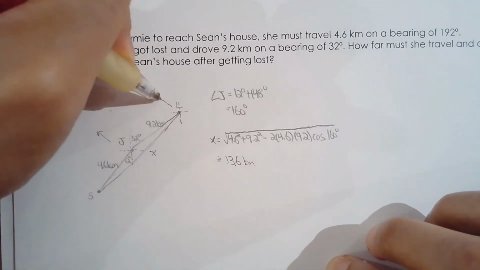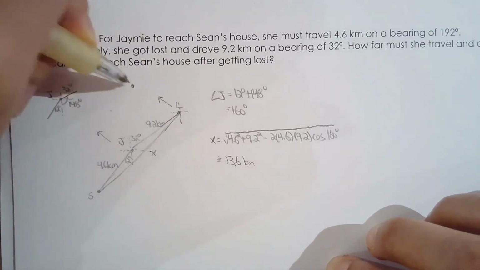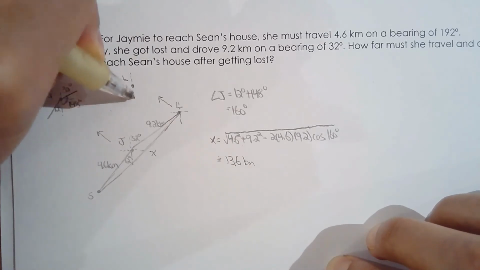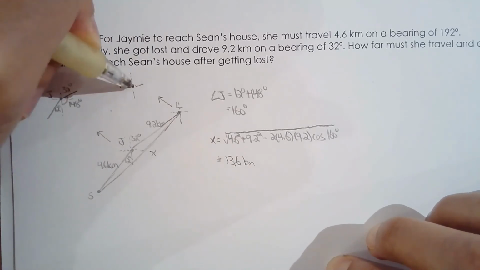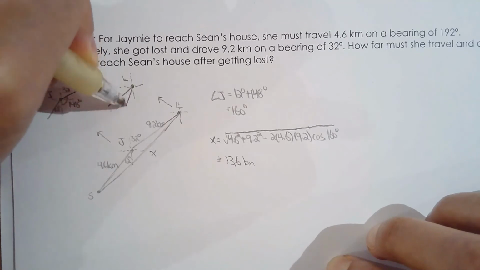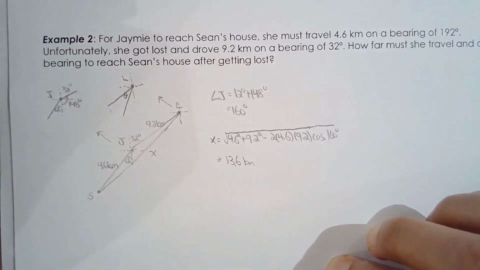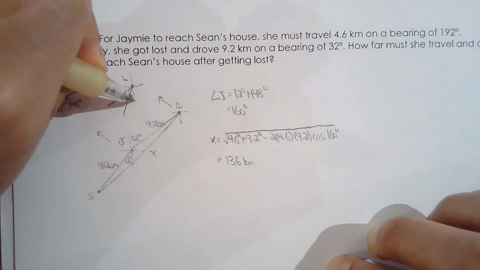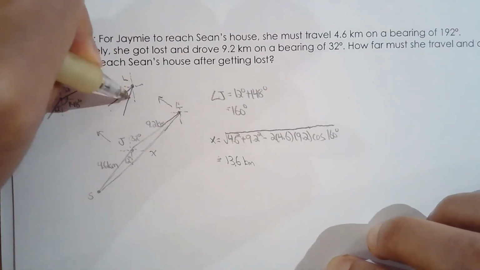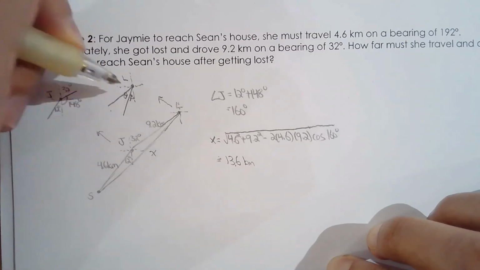So I'm gonna draw this one over here. So this is where she's lost. So the interior angle, I'm gonna label as theta. And the angle here, I'm going to say is beta.